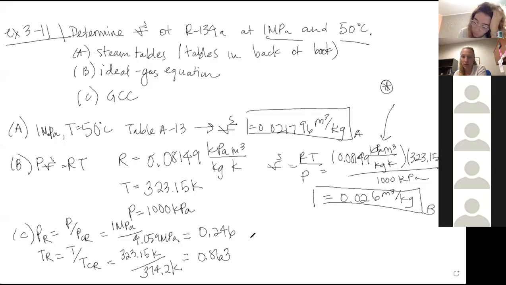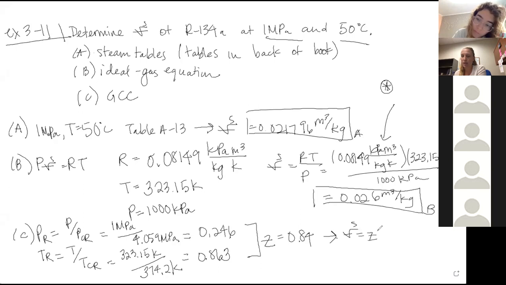All right, so now we have our Z value from these. So Z is equal to 0.84. Therefore, we can take our ideal specific volume, multiply it by this correction factor, and get our actual specific volume.